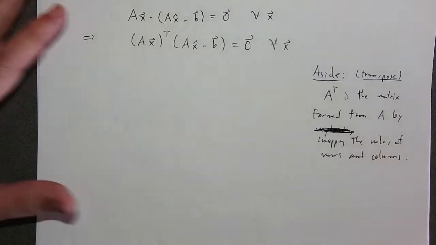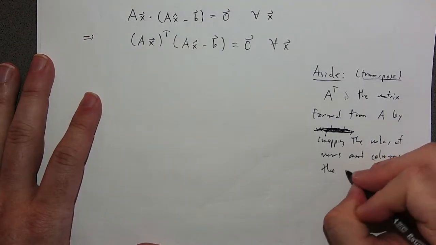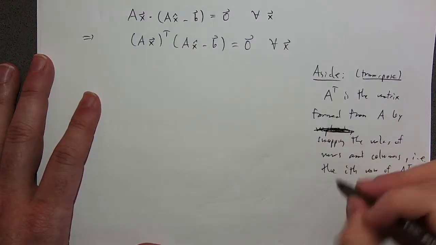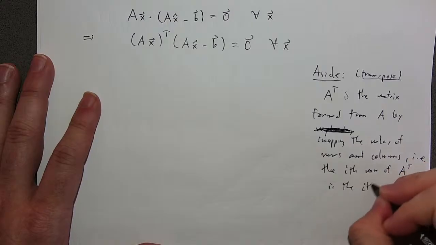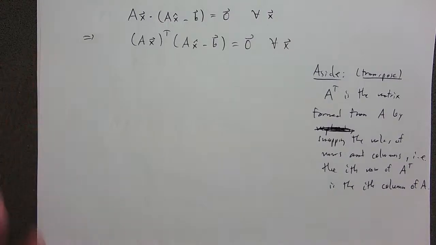What do I mean by that? I.e., the ith row of A transpose is the ith column of A, and vice versa. A very easy way of writing this, in terms of entries a_ij, is swapping a_ij with a_ji. So that's what the transpose does.